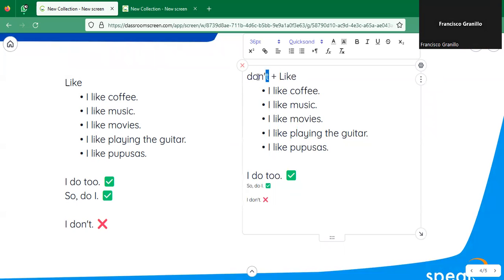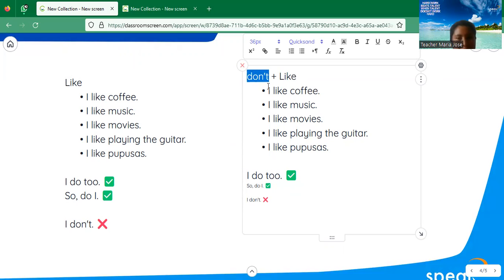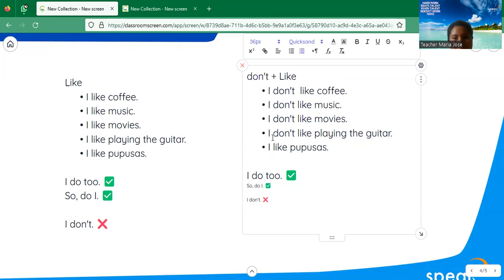Don't like. Very good. Okay, excellent. So now we have all of the sentences negative.